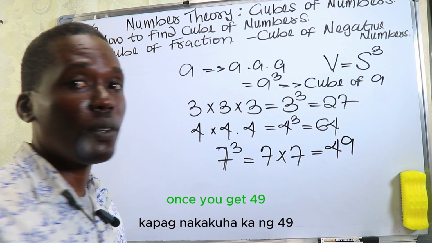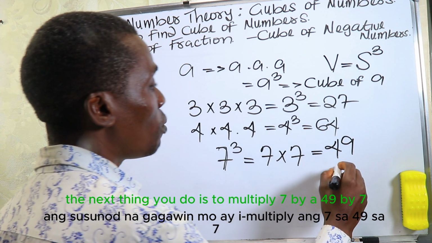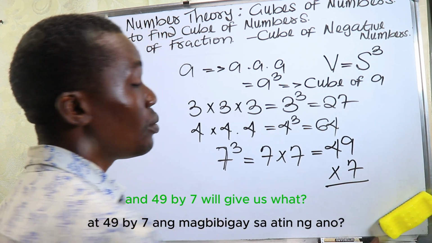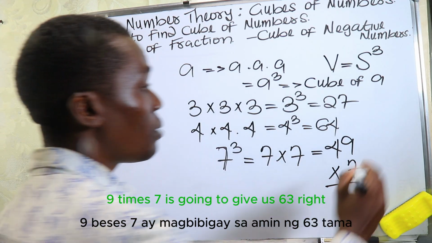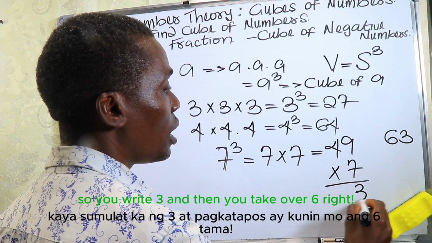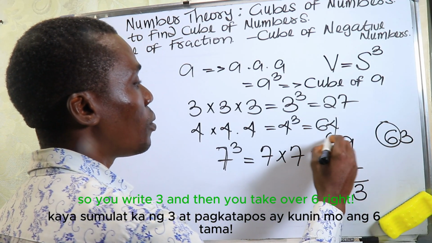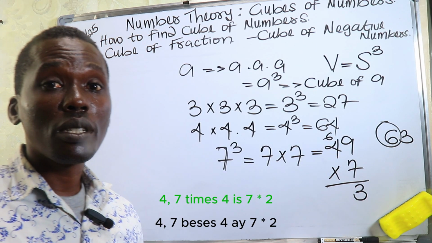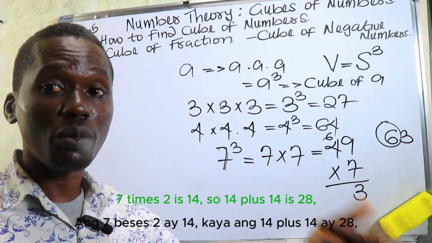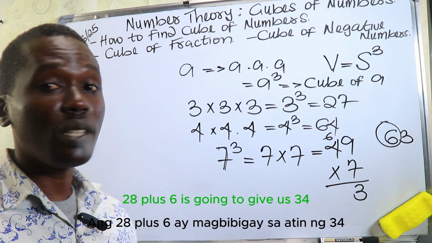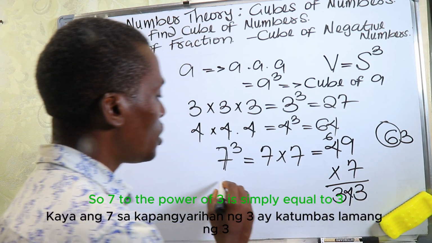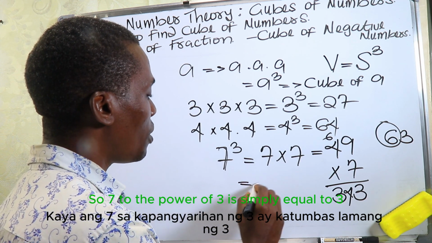Once you get 49, the next thing you do is to multiply 49 by 7. 9 times 7 is going to give us 63, so you write 3 and carry 6. 7 times 4 is 28, and 28 plus 6 is going to give us 34. So we'll have 34.